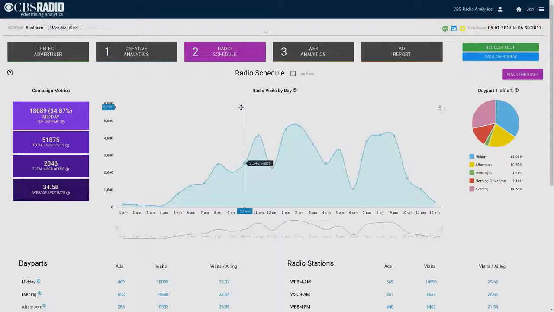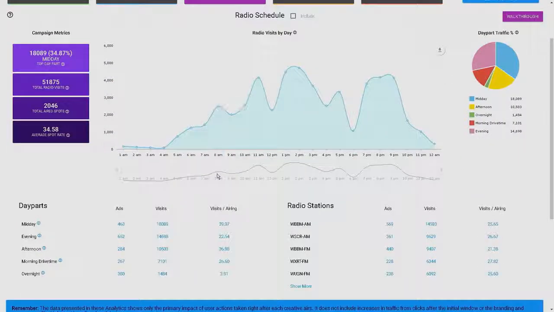The next panel that you look at are the schedule analytics. And here you're able to look at day part and station performance. And in this case, you're able to see a graphical representation of when people were actually reacting to the commercials that were airing.